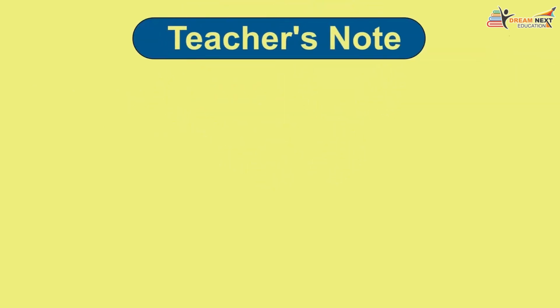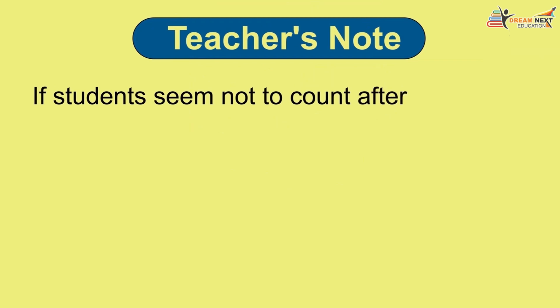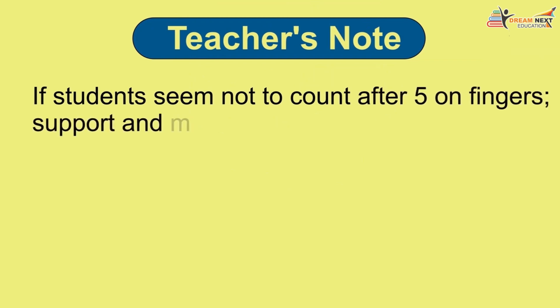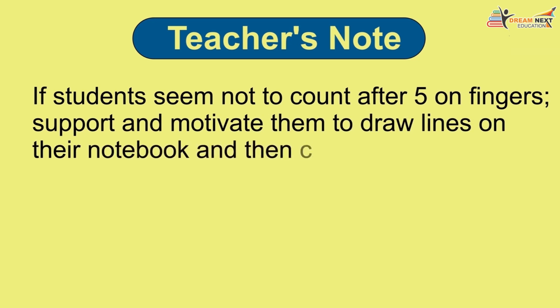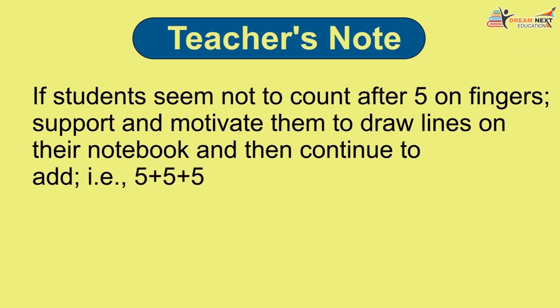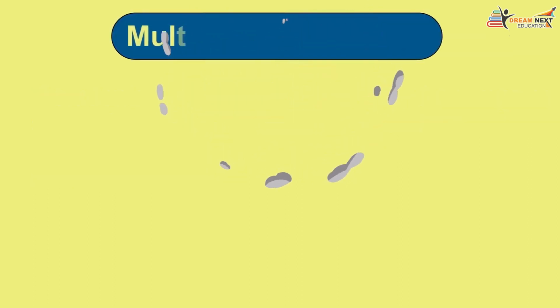Teacher's note: if students seem not to count after 5 on fingers, support and motivate them to draw lines in their notebook and then continue to add, that is 5 plus 5 plus 5 is equals to 15.